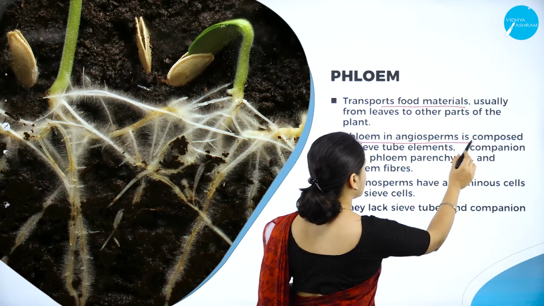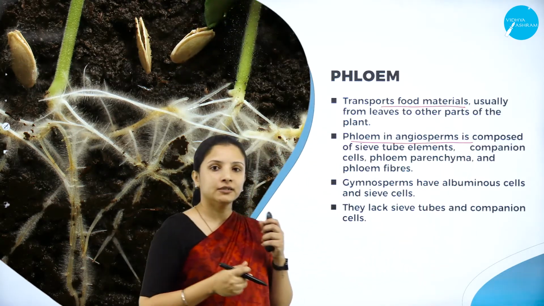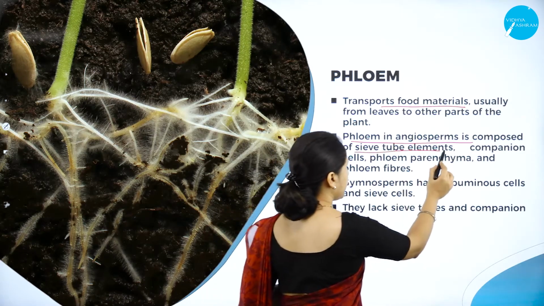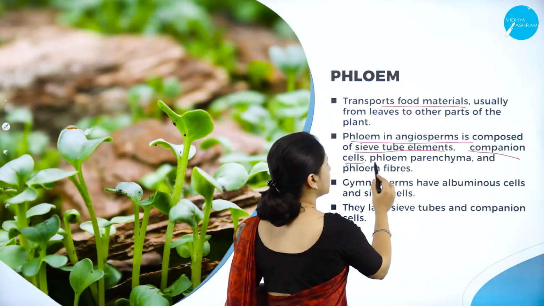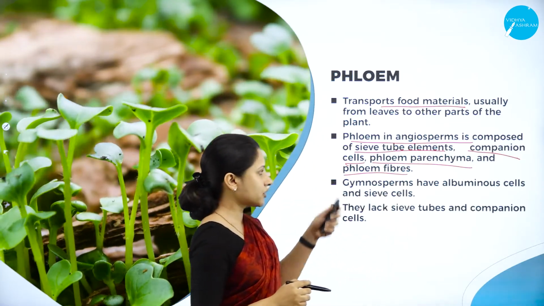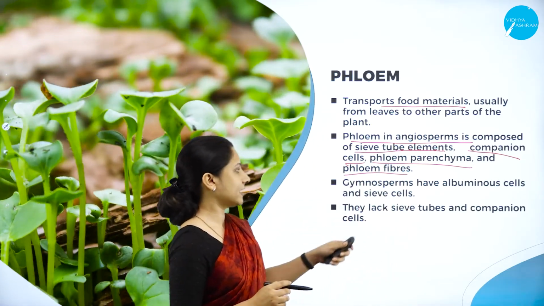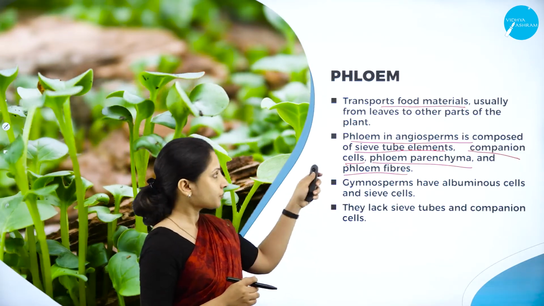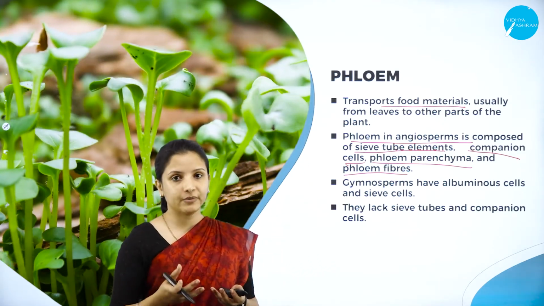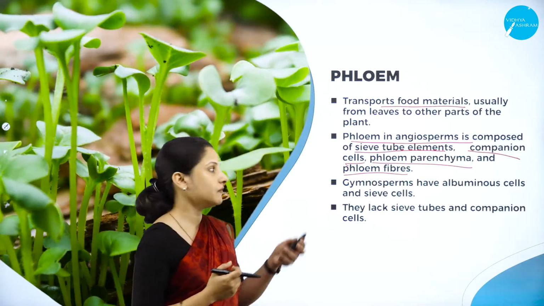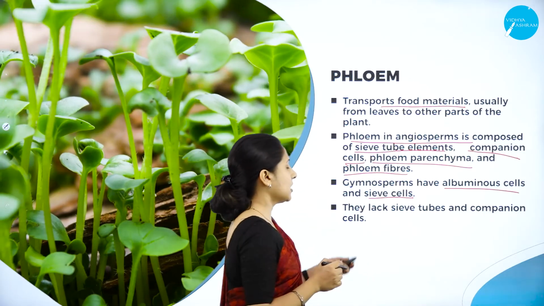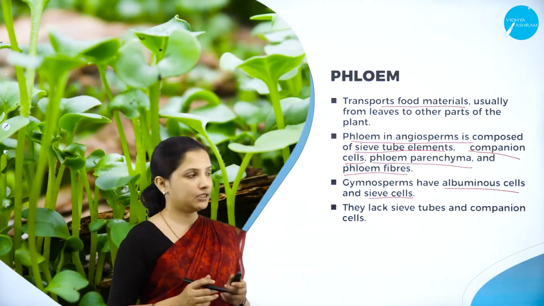Phloem in angiosperms is usually made up of certain elements called the sieve tube elements, the companion cells, the phloem parenchyma and the phloem fibers. But in gymnosperms, they have albuminous cells and sieve cells, but they lack the sieve tubes and the companion cells.